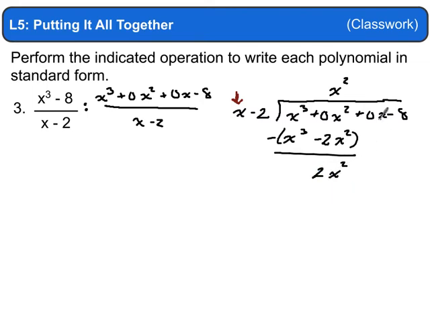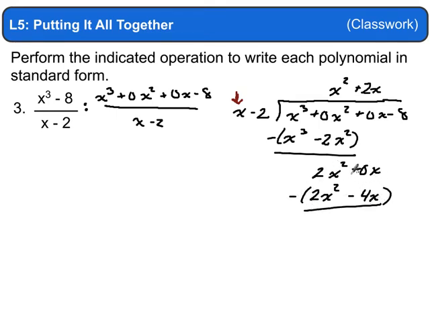X squared, we bring this term down, so we bring down the 0x, and we start over. So x goes into 2x squared 2x times. And so you get 2x squared, and then you get negative 4x. Put those parentheses.